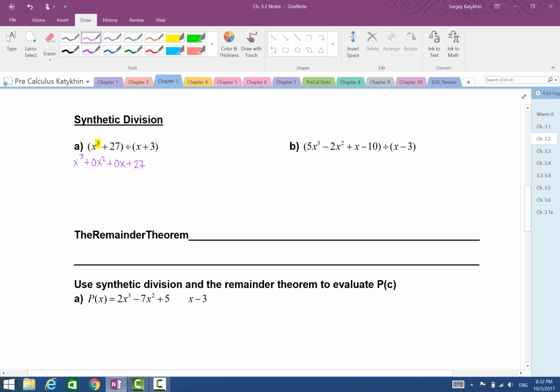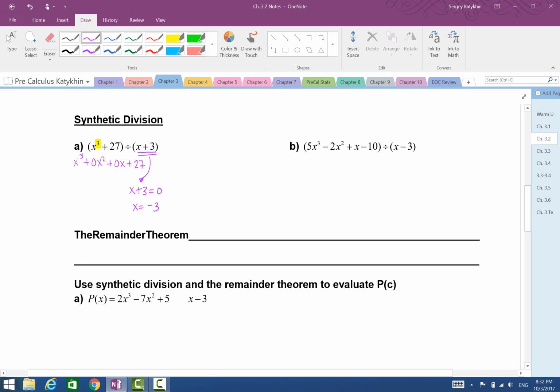Now, the other thing we need to talk about is how do we get the c? The c is what we call the root. And so if we look at this factor, which is x plus 3, this factor, if I bring it down here, is the same thing as x plus 3 is equal to 0. In other words, x is equal to negative 3.